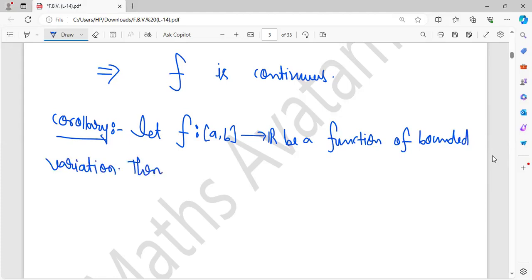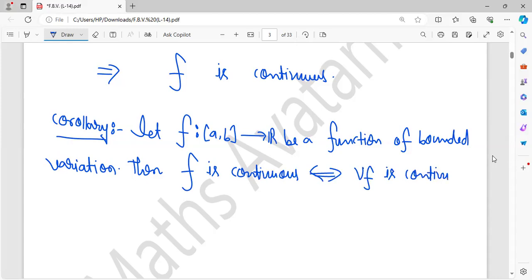Then F is continuous if and only if BF is continuous if and only if P and Q are continuous.